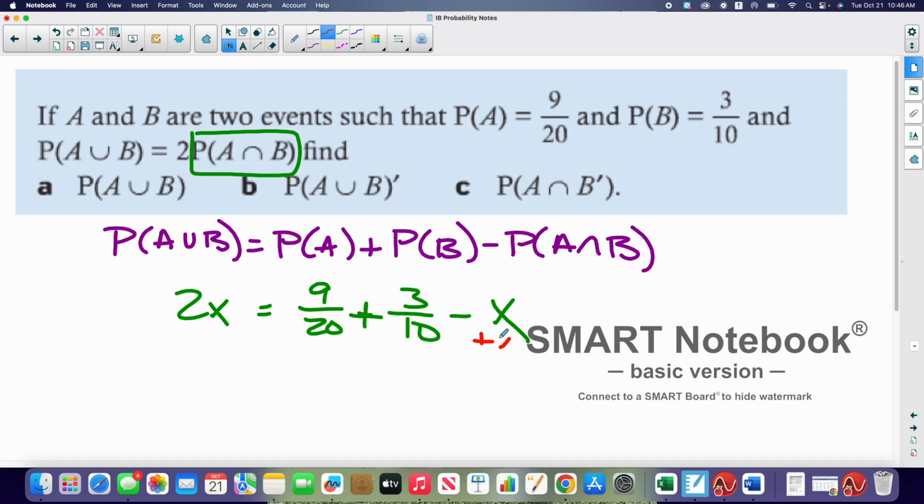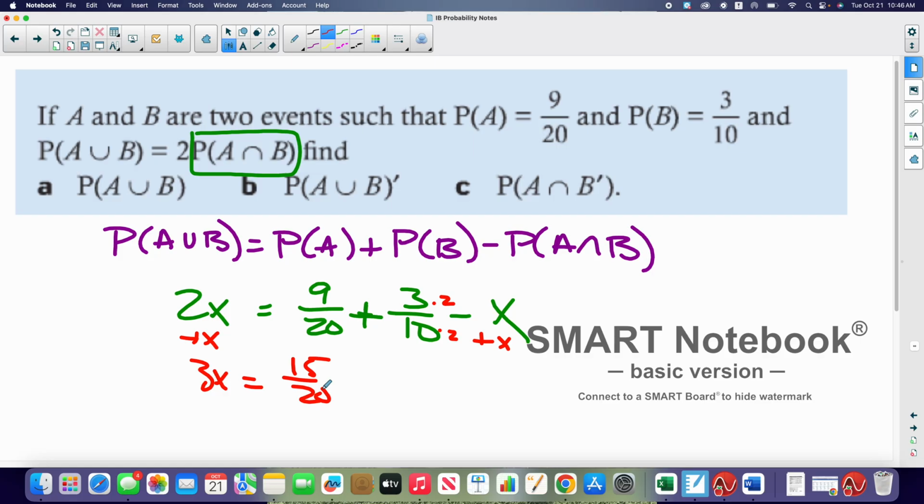I would probably add the X and add the X. So I have 3X. And then, like you said, I'm going to have to put these together some way. There's 2 ways I think you can go about that. We can multiply by 2 and multiply by 2, so we would have 6/20 and 9/20, which would be 15/20. That's one way to do it.